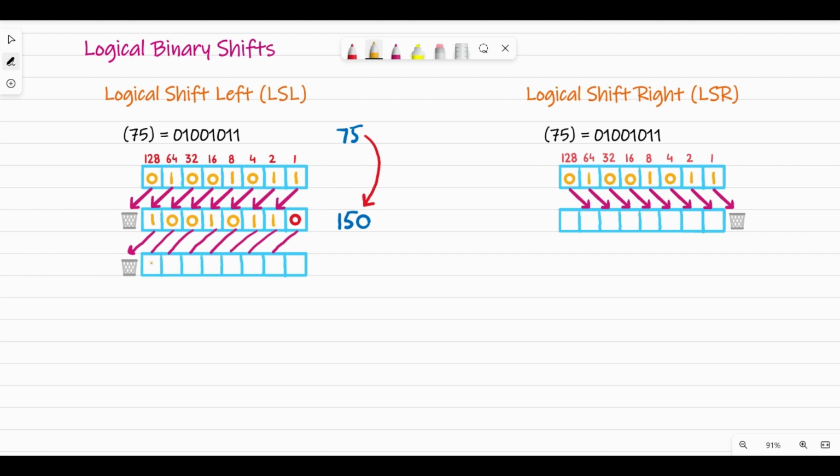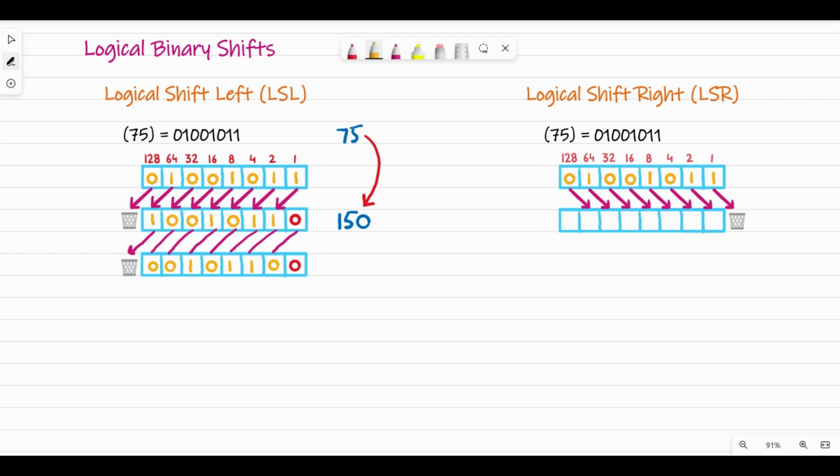So we have come up with 0 0 1 0 1 1 0 0, and now we again have a hole, and we'll fill it with 0 again.